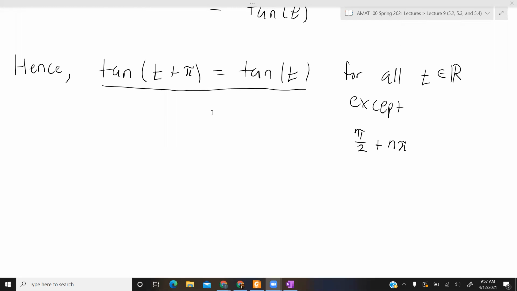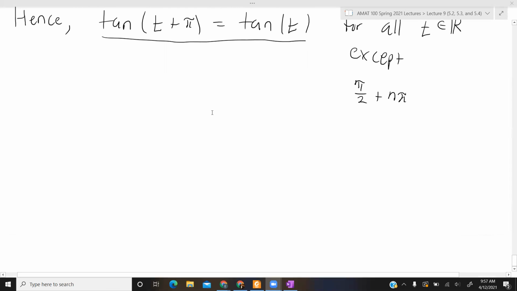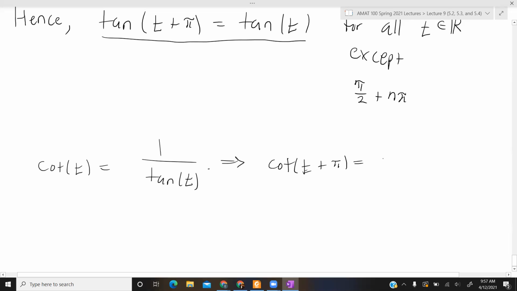And so what that means, if you recall, the cotangent function also has a period of pi, because cotangent is defined as 1 over tan of t. That's one way of defining the cotangent function. So cotangent of t has a period of pi.